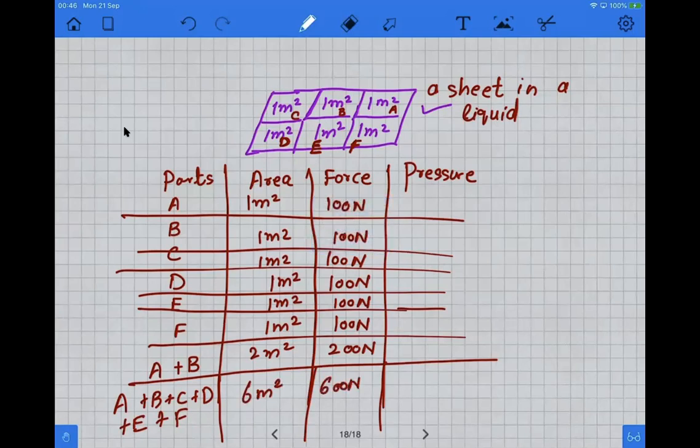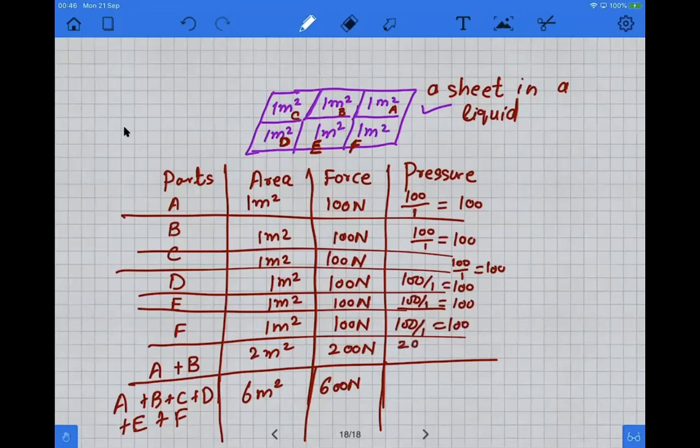In any case, when you calculate the pressure, 100 over 1, it is 100.